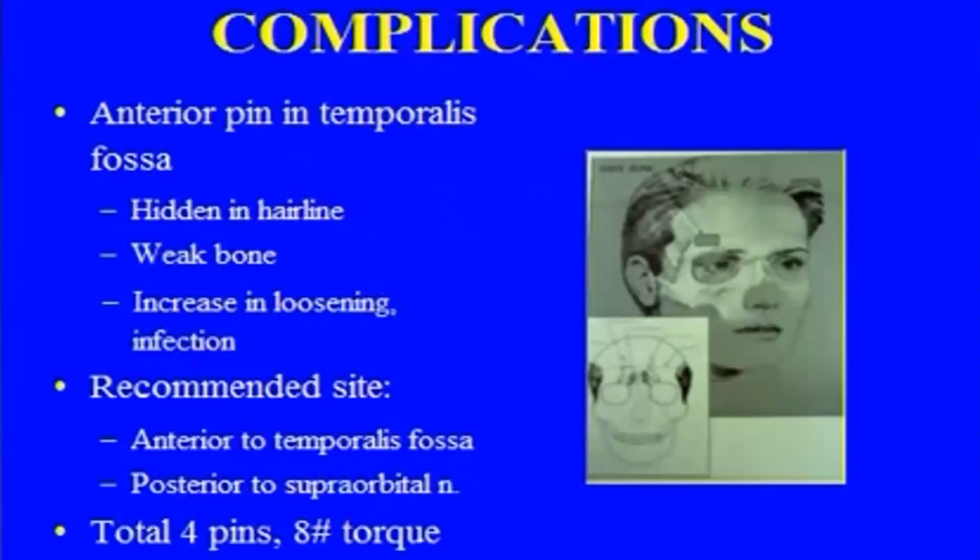What are the complications? If you put the pins in the temporalis fossa, this can become loose. It should be the posterior margin of the temporalis fossa, and posterior to the supraorbital nerve.